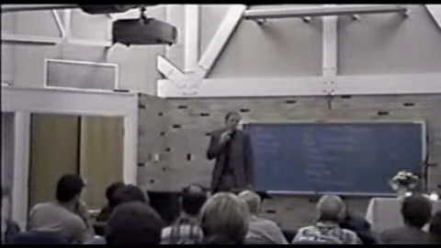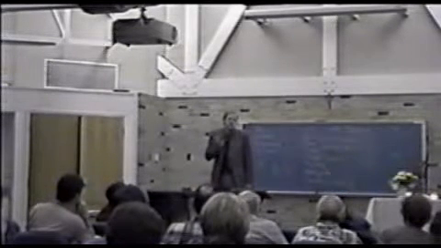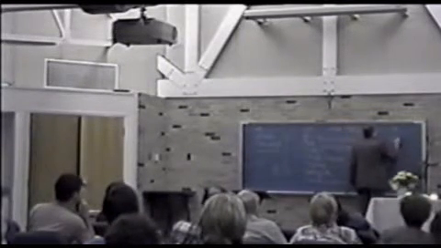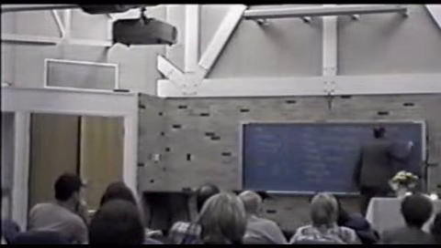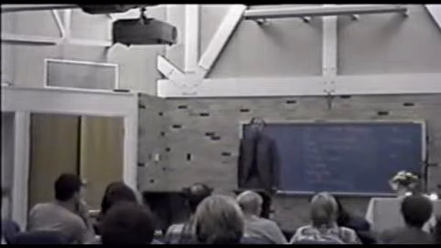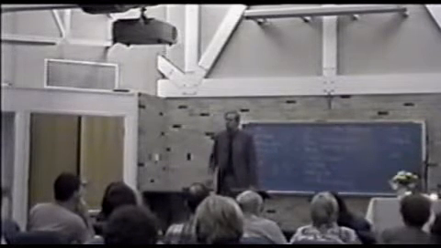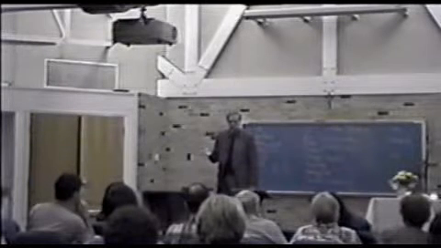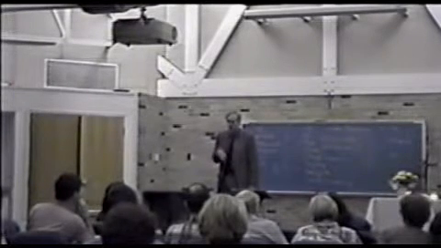That's one possibility. An even simpler explanation is the fact that in Hebrew, the word wisdom is chokhmah. And in Hebrew, just like French, just like Spanish, you've got male and female nouns.